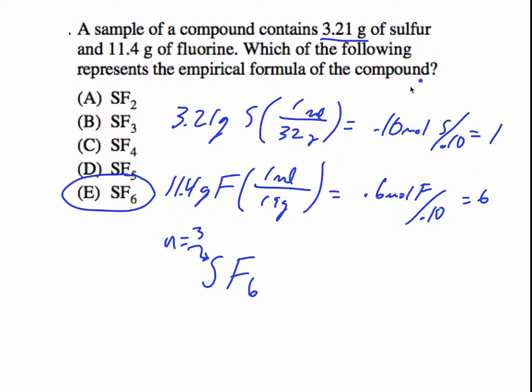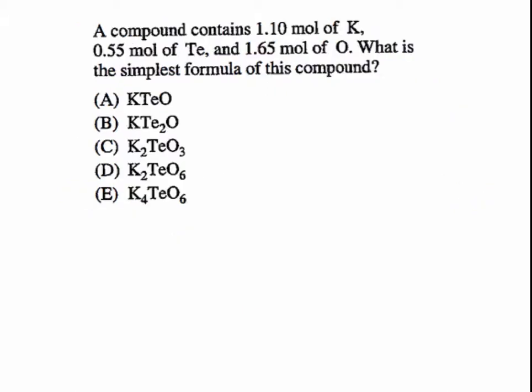Now, I'm sure you could look at this and be like, okay, it's 1 and 6, and I encourage you to do that if you want to. Definitely don't have to do this process here. Let's do another one. Percent to mass, mass to moles. Oh my gosh, they actually already even gave me moles. What? That's hella easy. Can't believe that. Typical move on multiple choice, by the way, is to do this.